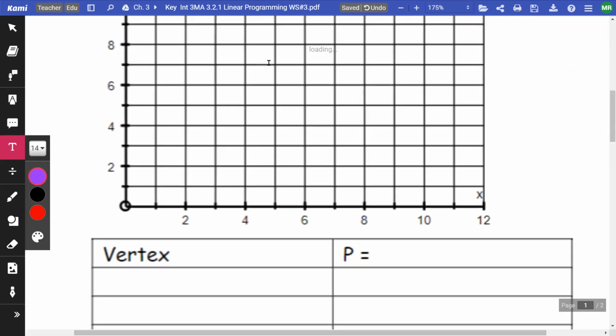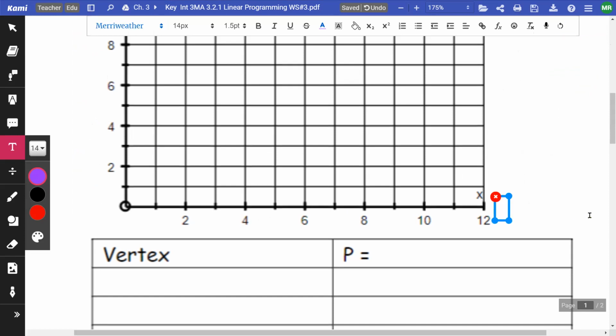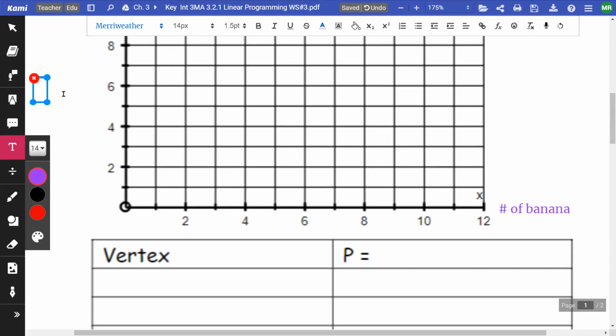Now, first thing I'm going to do is label this. I'm just going to say number of banana, and over here, number of zucchini.